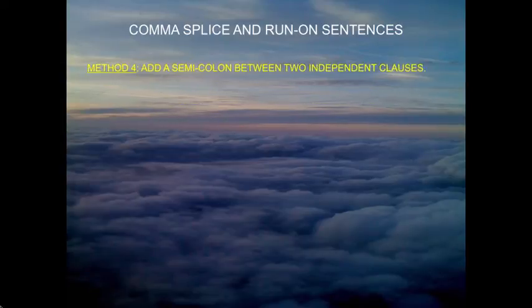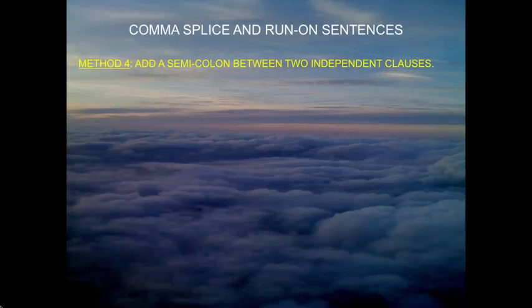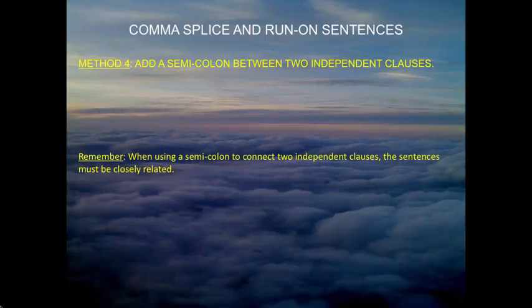Method 4 is to add a semicolon between two independent clauses. However, when using a semicolon to connect two independent clauses, the sentences must be closely related. In other words, the sentences should be discussing the same topic or idea.